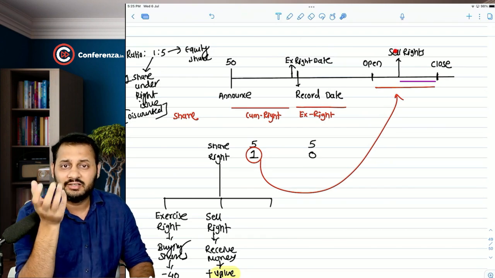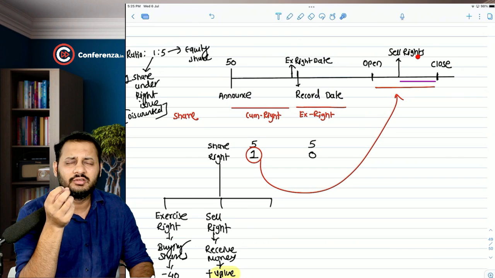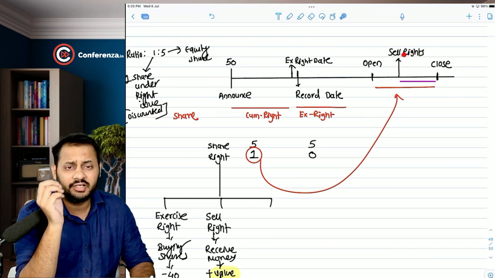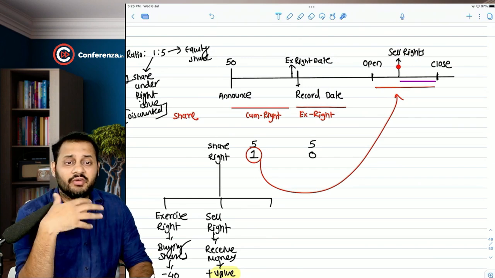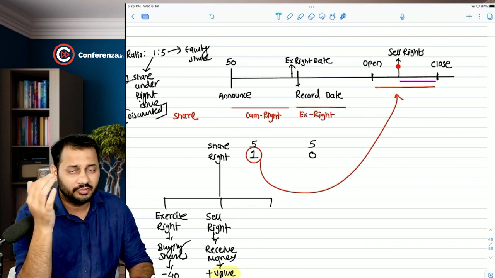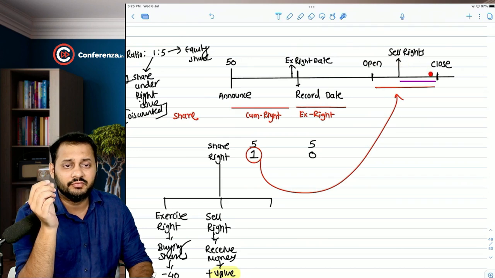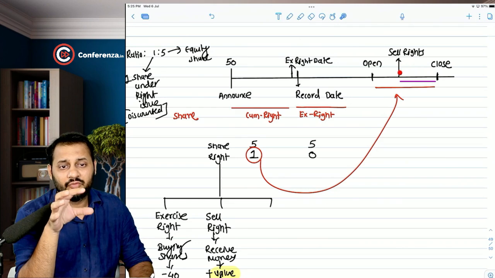So the date of selling of your rights has to be fixed somewhere. It will be a very uncomfortable or complex situation if that date is closer to this date. So that's why we have to keep a gap.